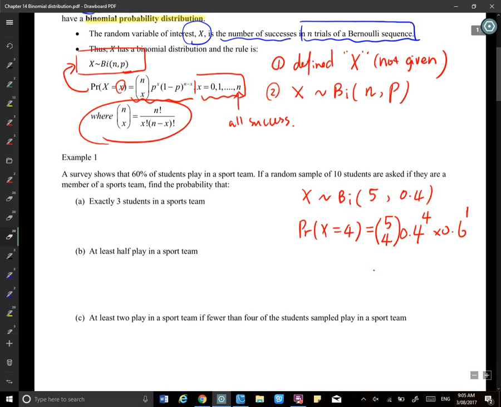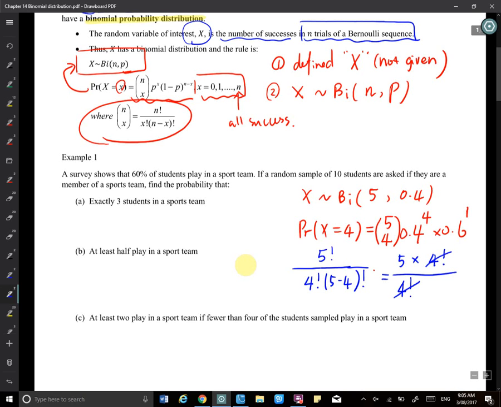So if I want to calculate this one, what is 5C4? 5C4 will be 5 factorial divided by 4 factorial and divided by (5 minus 4) factorial. What is that? 5 factorial is 5 times 4 times 3 times 2 times 1, so it's 5 times 4 factorial. Why do I keep 4 factorial? Because I have a 4 factorial at the bottom as well.